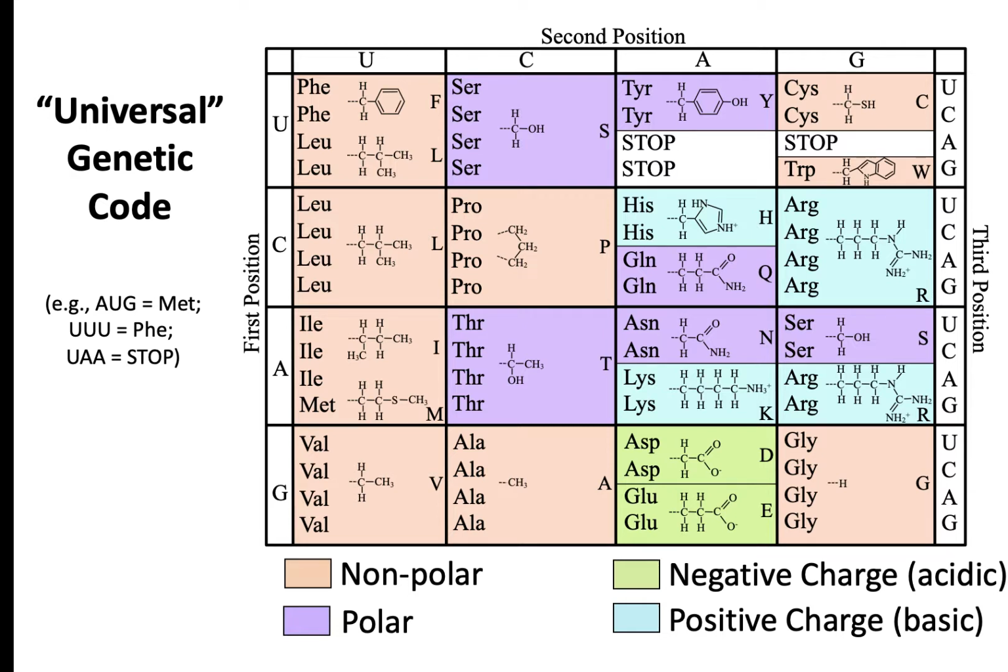So here's a GUU encodes for a valine, a GCA encodes alanine, etc. We know from some evidence that this bottom line, those were some of the first amino acids used in the genetic code back when life first got started, when translation first got started.